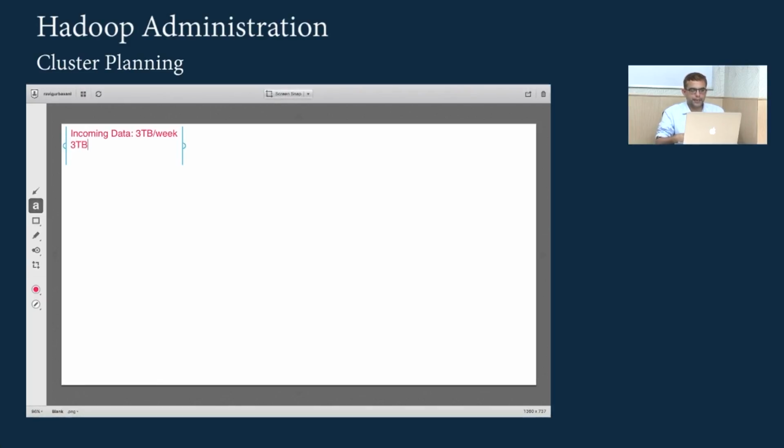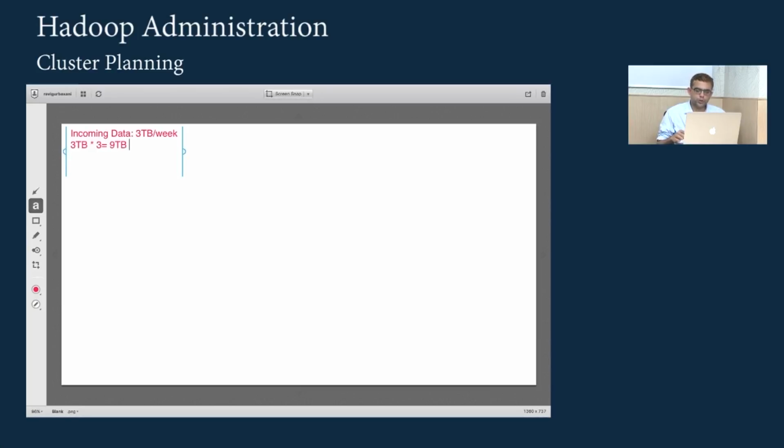Now 3 terabyte multiplied by 3, that's a replication factor, turns out to be 9 terabyte. So per week, if a customer is pushing 3 terabytes to us, 3 multiplied by 3 would turn out to be 9.